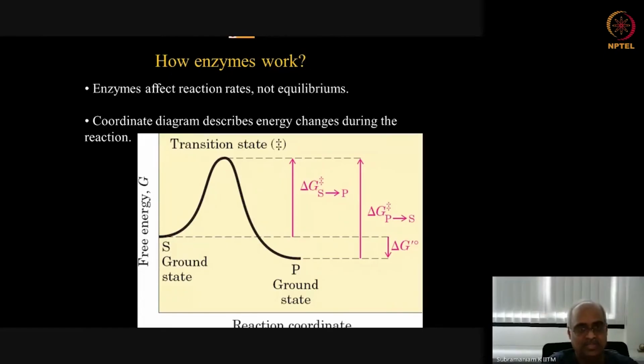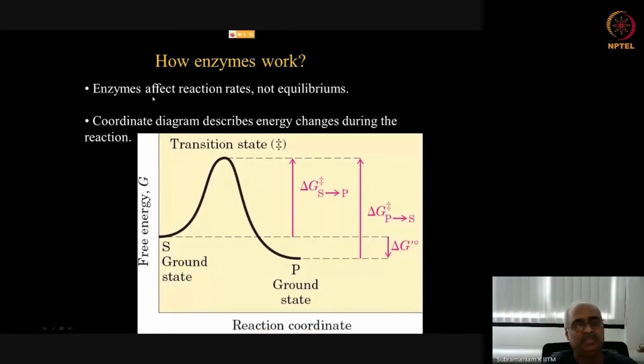That's not going to change. Only when CD reaches a certain concentration, the forward and reverse reactions will be equal and you will get the K equilibrium value. That's not going to be affected. But how quickly you will reach that equilibrium, that is where enzymes influence. Okay, they affect reaction rates, not equilibrium.